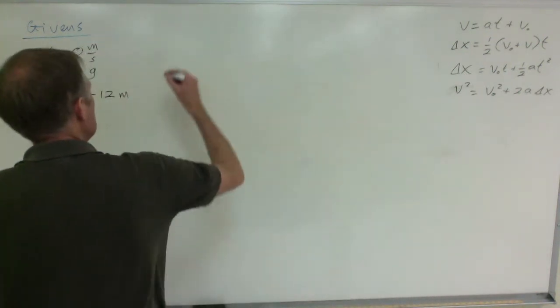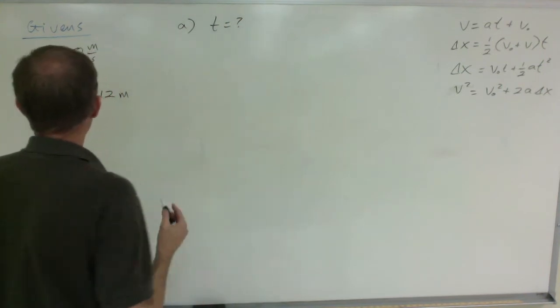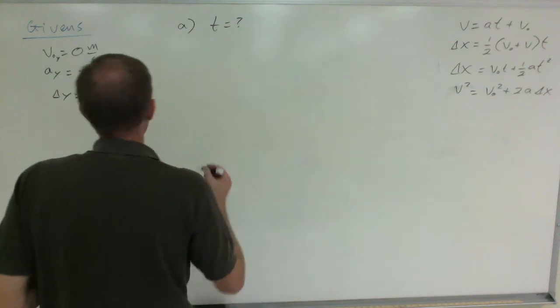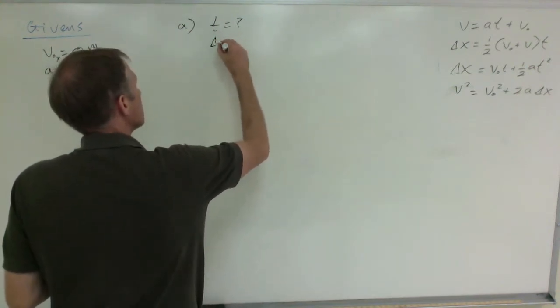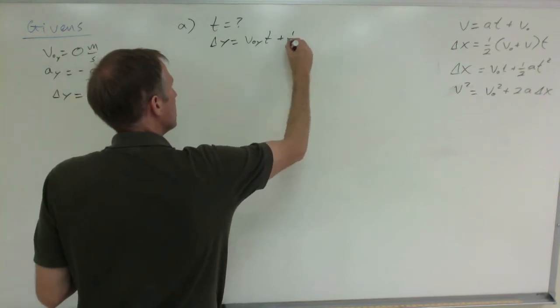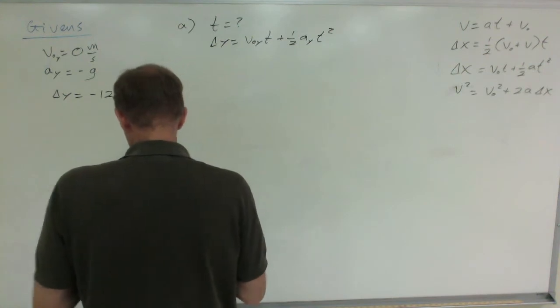So part A, we're looking for the time. The equation that has these 4 variables in it is the third one. Delta y equals v sub 0 y times t plus 1/2 ay t squared.